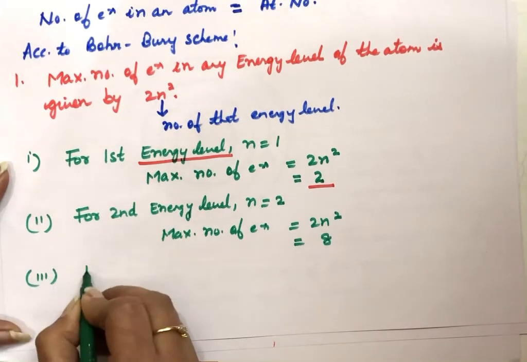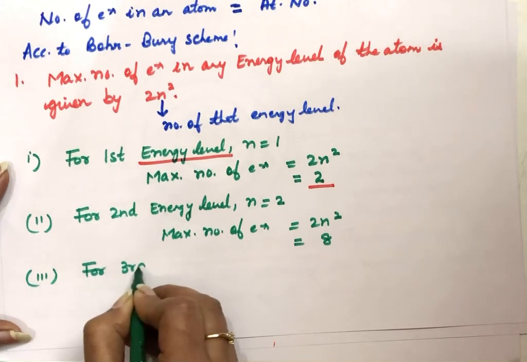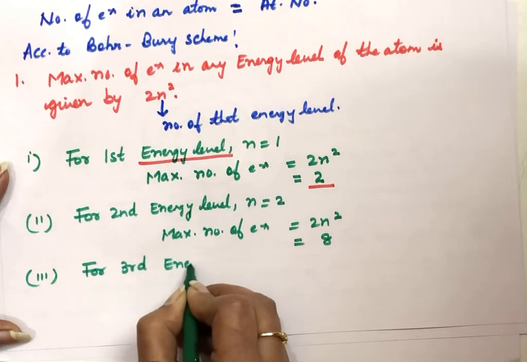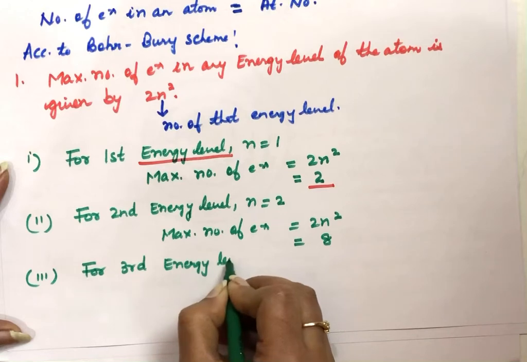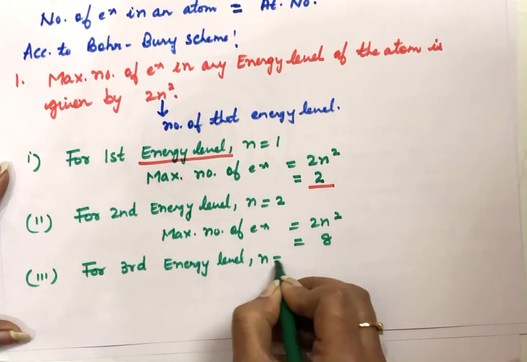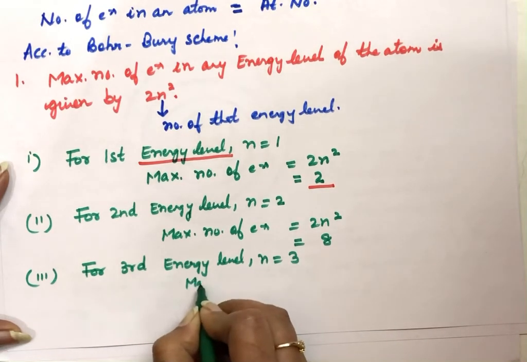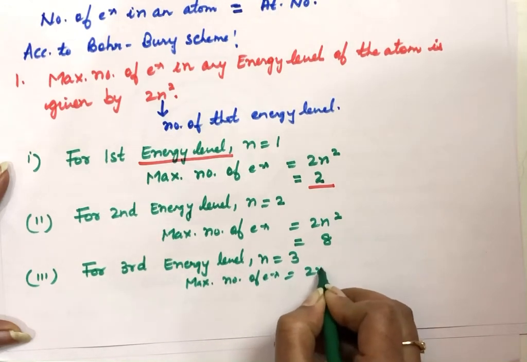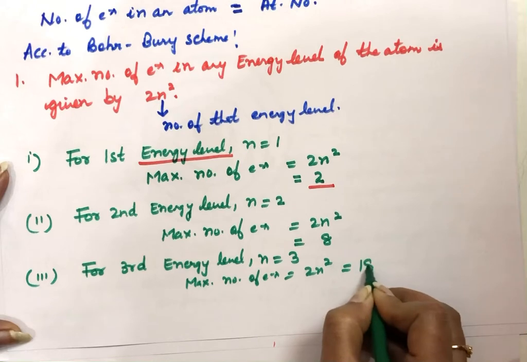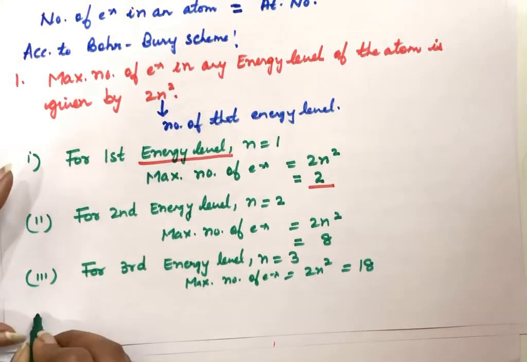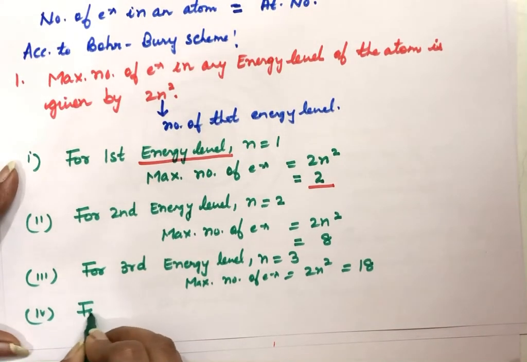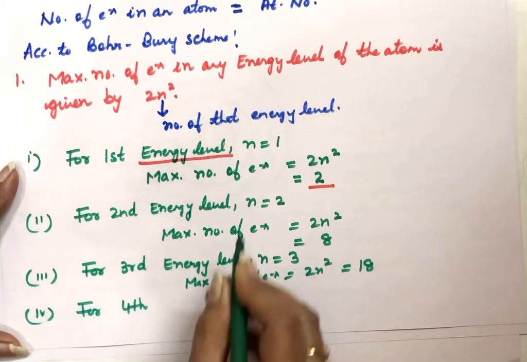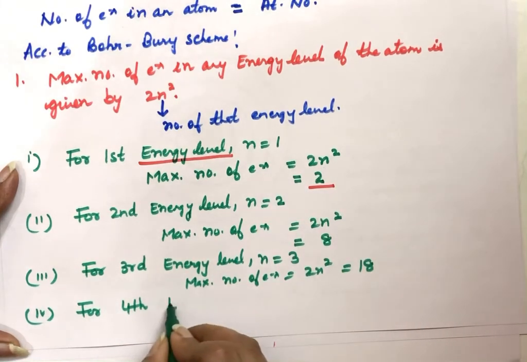Similarly, we calculate it for the third energy level and then for the fourth energy level. For the third energy level, the n value is 3. That means the maximum number of electrons according to this formula will come out to be equal to 18. Now for the fourth energy level, this formula only we should remember, 2n square.